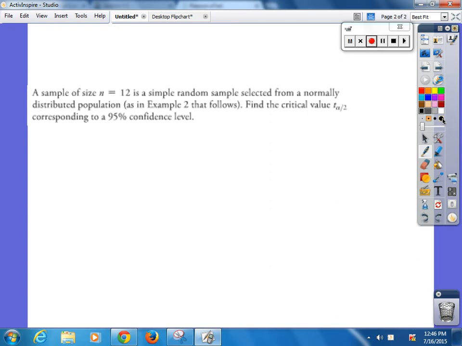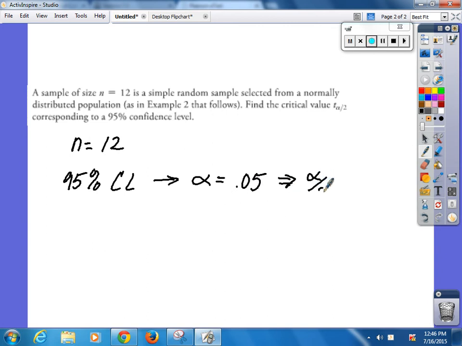We're going to write down n is equal to 12, and 95% confidence level means that alpha is equal to what? 0.05, Hubert. That's right, class. Which means that alpha over 2 is equal to what? What's half of 5 cents? 2.5 cents. That's what I mean by writing down all the information.